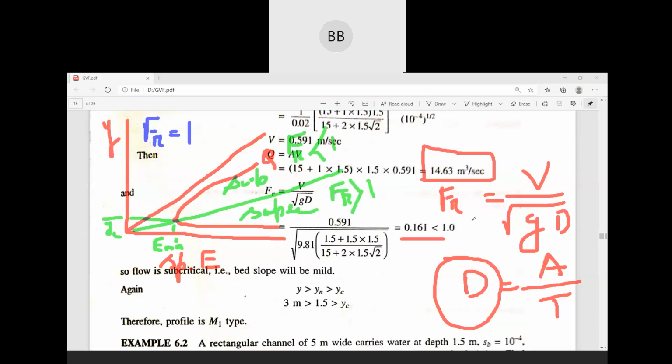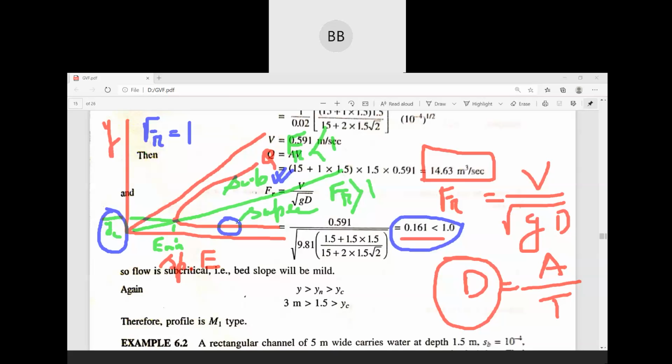Now the value we got is less than 1. That means it's in subcritical. The Froude number for this particular discharge is less than 1, so our depth of flow is above critical depth.